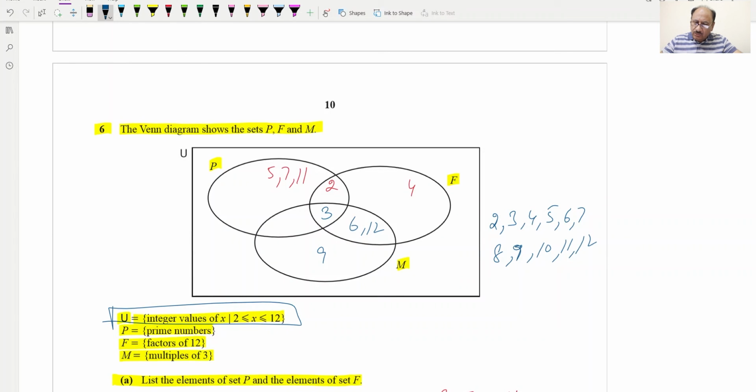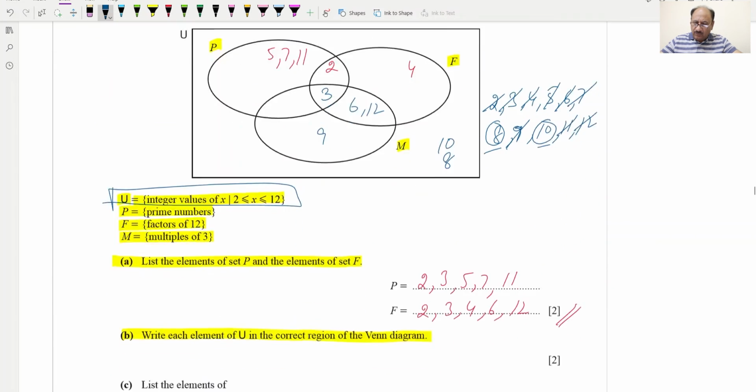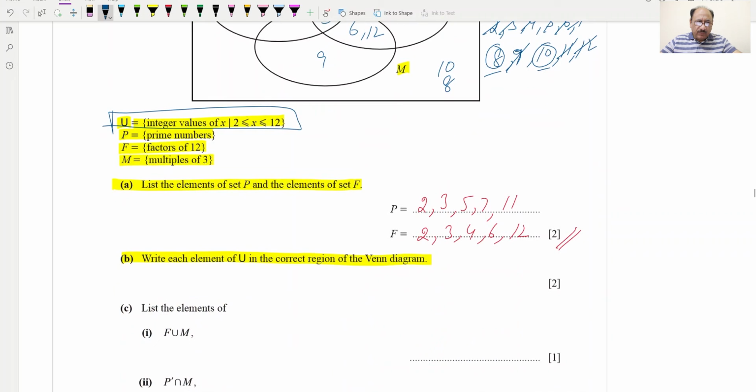We have written 2, 3, 4, 5, 6 and 7, but 8 we have not written. 9 is written, 10 is not written, 11 is written, 12 is written. So 8 and 10 are not written, which we can write outside as part of the universal set, and this is the completed drawing we have done.